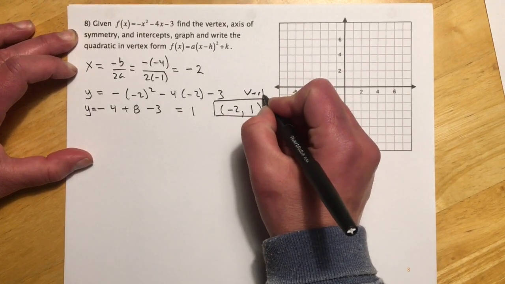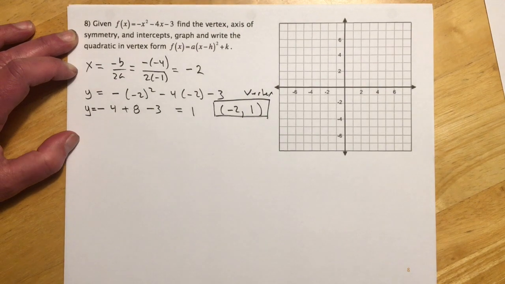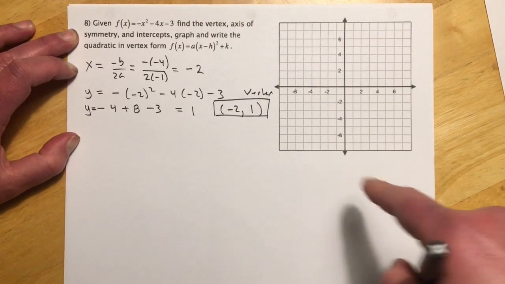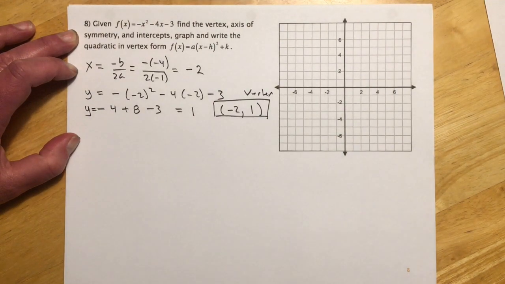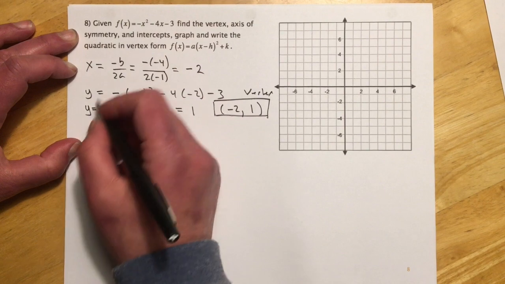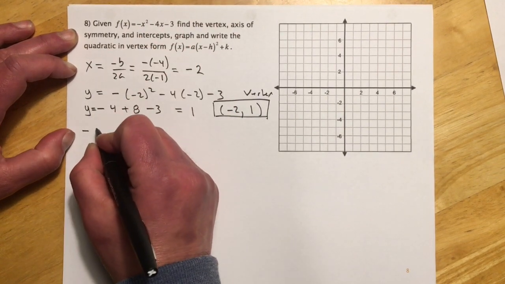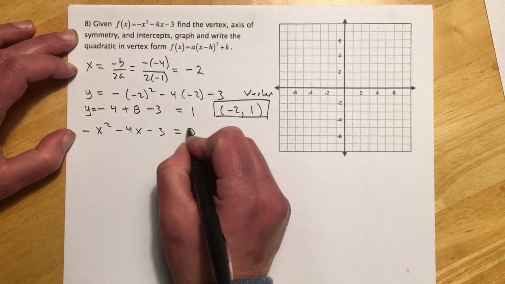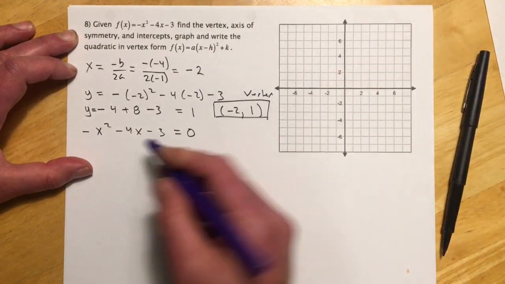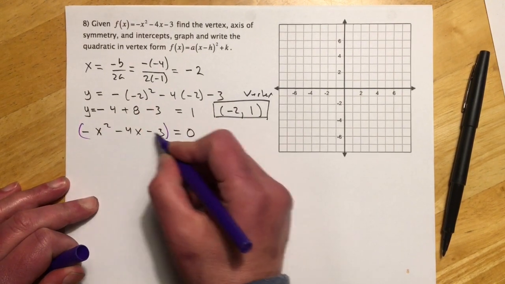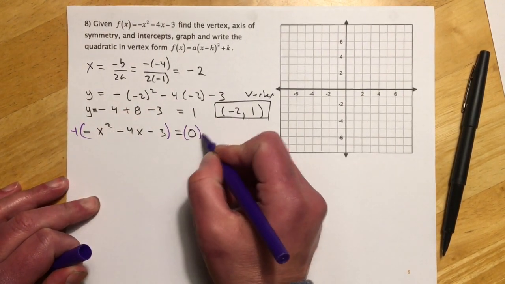So that's the vertex. Let me get my intercepts, and then I'll do the graphing and the making of the form. So to do the x-intercept, I have to let y equal 0. So that would be negative x squared minus 4x minus 3 equals 0. Don't love that everything is negative, so I'm just going to multiply both sides by negative 1 and make this a little bit easier to work with.